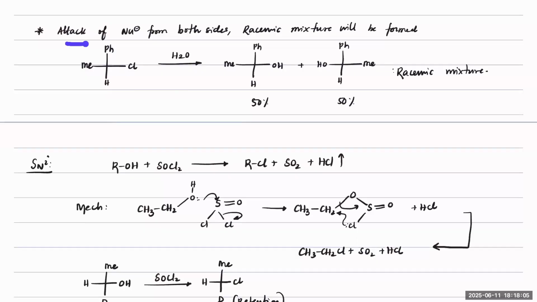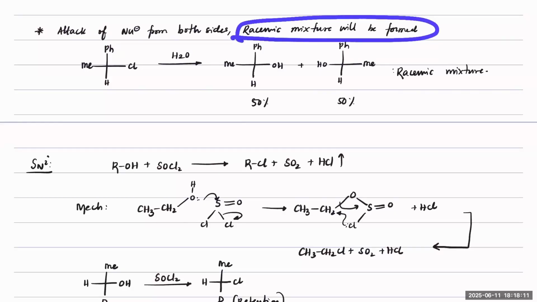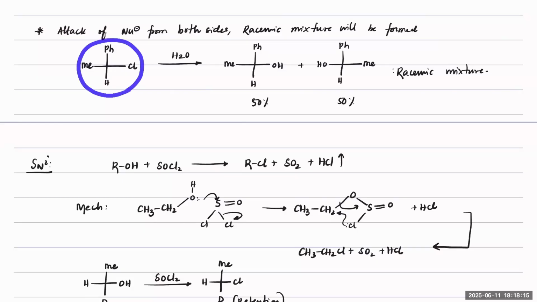If there is an attack of nucleophile from both sides, then you will end up getting a racemic mixture in general. Suppose you have a chiral center here and you are reacting with water, which means first I need to make a carbocation. Once it becomes a carbocation, this is an empty orbital with a positive charge.